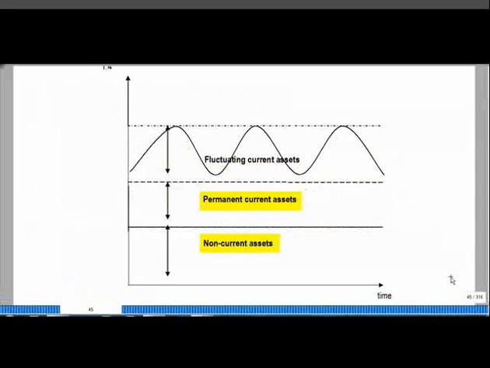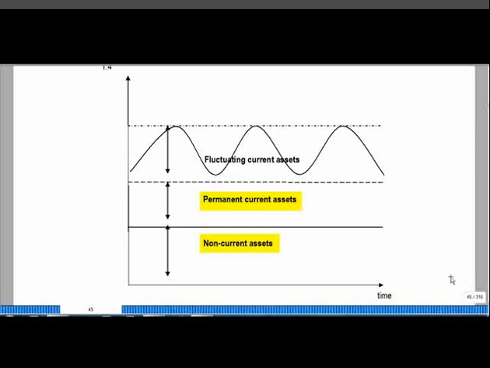We're going to use a diagram now to build up different approaches that can be used to fund your short-term cash flow requirements. This diagram has been tested. It starts off by building up the idea that a business during the course of the next year will need a certain amount of cash to fund its non-current assets.